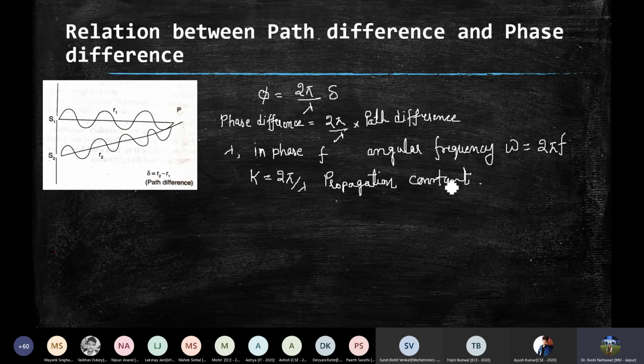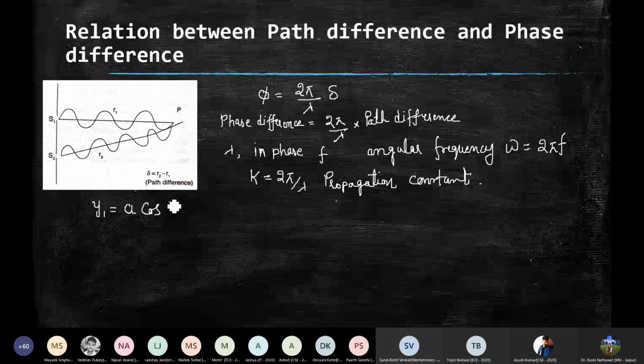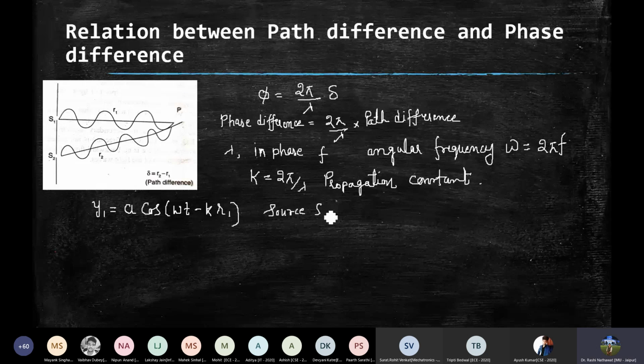So we can write the wave equation for both the waves here. Let's assume the wave equation for the first wave is y1 equals a cos(omega t minus k r1), where y1 is the displacement, a is the amplitude, and r1 is the distance traveled by the wave till point P. This is for the wave emerging from source S1.